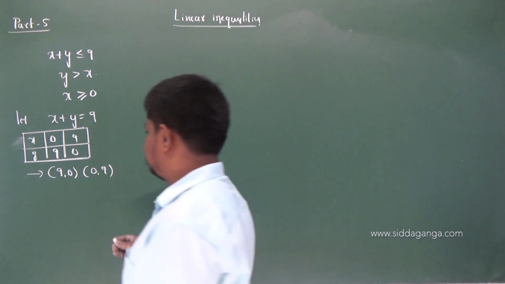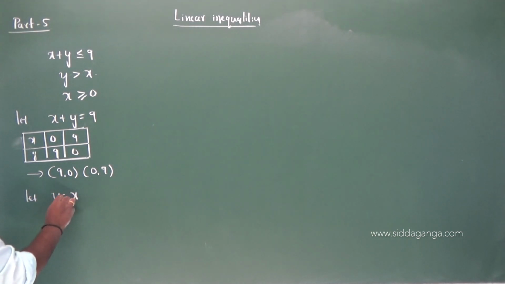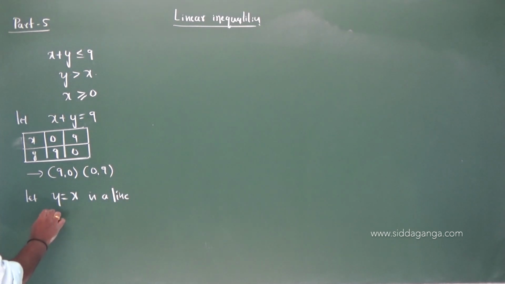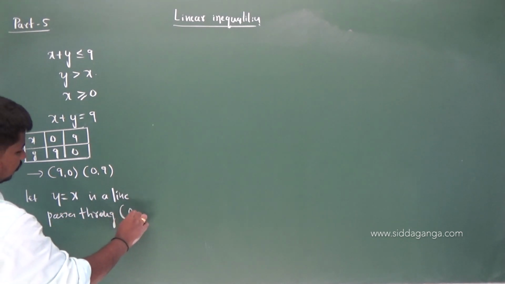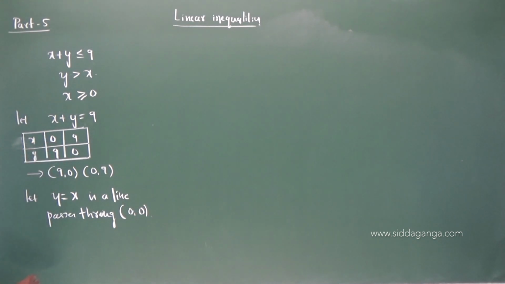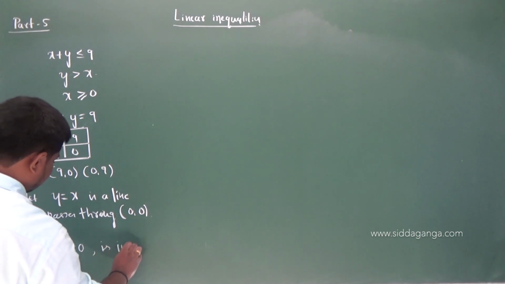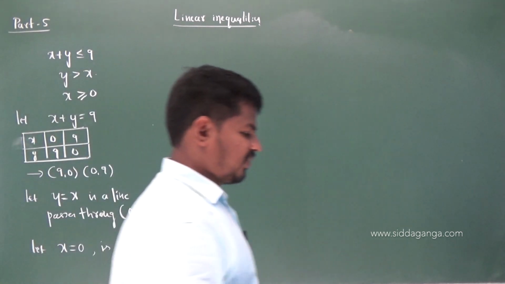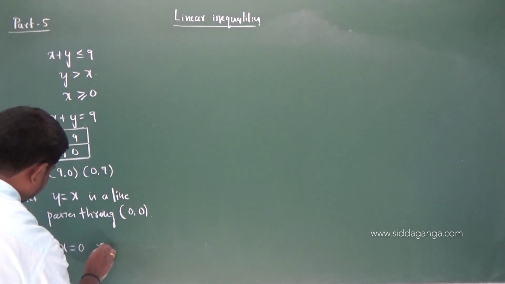It is a line that passes through the origin. Next one, x is equal to 0 represents the y axis.